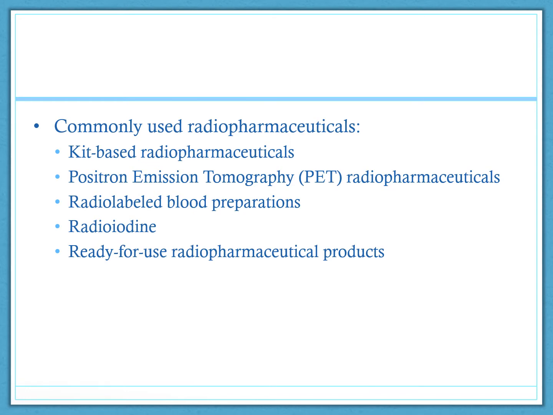Then we've got the PET radiopharmaceuticals, where obviously we might need the cyclotron if we are going to produce them. In addition to this, we might also have the PET radiopharmaceutical generators, and we've got the radiolabeled blood preparations, as well as radioiodine, and the other one is the ready-for-use radiopharmaceutical products.